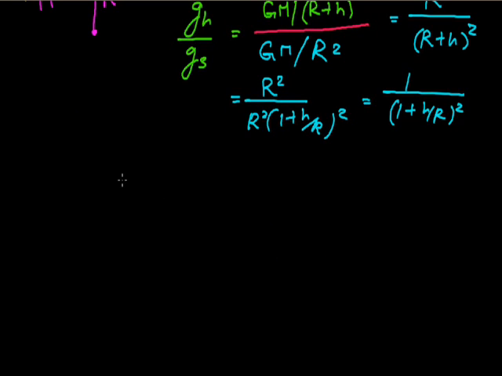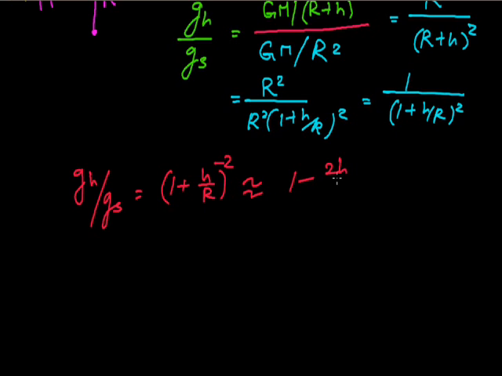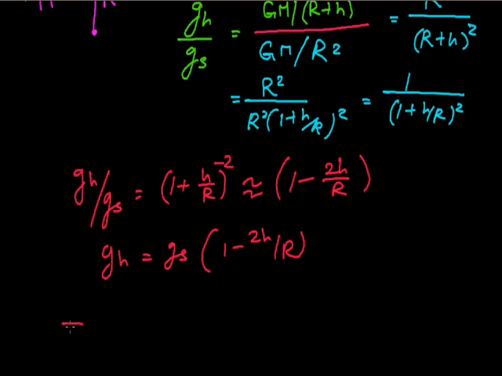So you can write gh upon gs will be equal to 1 plus h upon R raised to the power minus 2, and according to the binomial theorem it is equal to 1 minus 2h upon R. So gh will be equal to gs into 1 minus 2h upon R. It implies gh is less than gs.